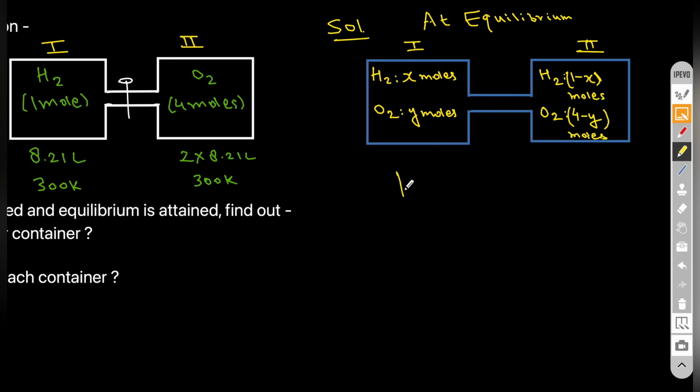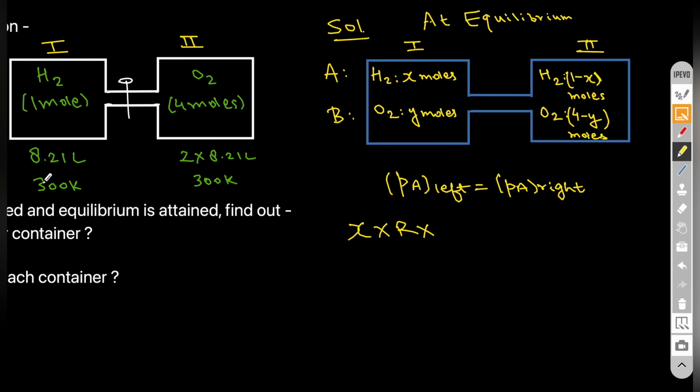We have been provided with the volume as well as the temperature. We'll write that the pressure of gas A on the left side should be equal to the pressure of gas A on the right side. Here A is S2 and B will be O2. So what is the pressure of S2 on the left side?